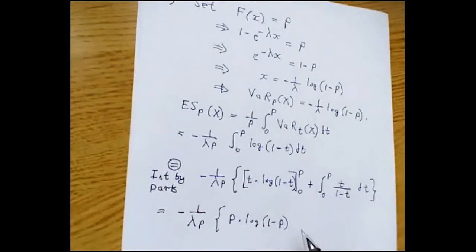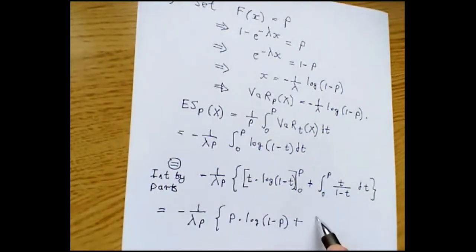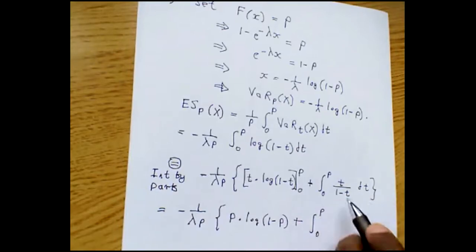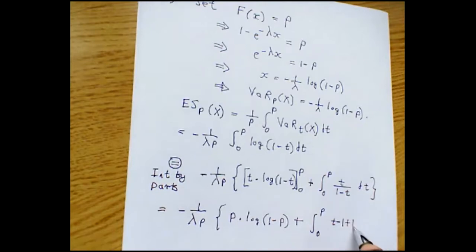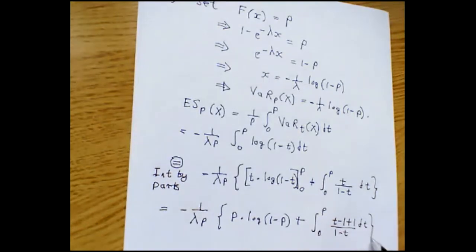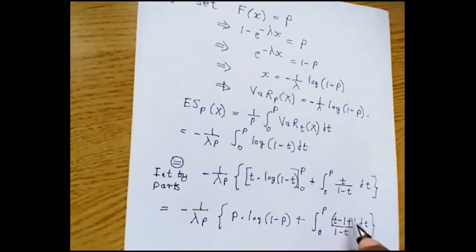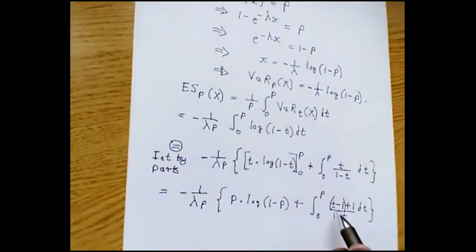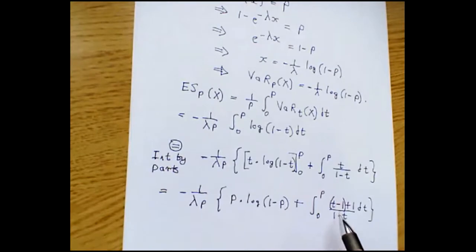Now this term, I'm going to write it like this. I showed you this on Tuesday, guys. I'm going to write t as t minus 1 plus 1. Then I'm going to put brackets around t minus 1. You see why I'm doing this, right?